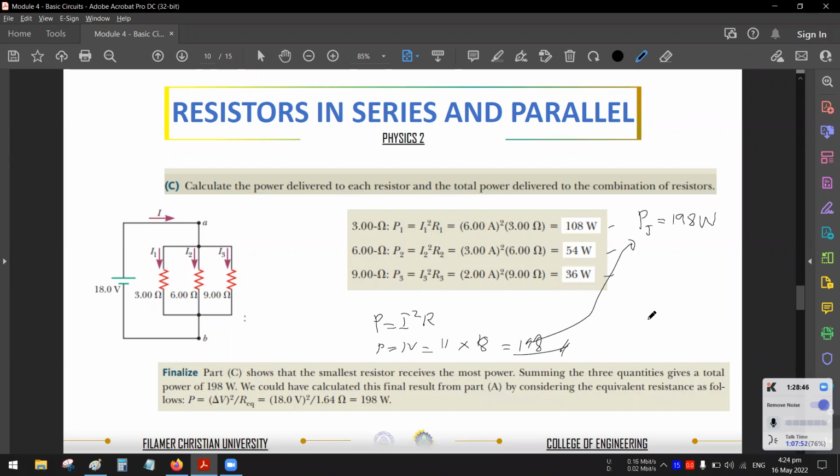Okay? Yan yung mga formula na pwede nyo gamitin to check your answers. Ito yung total current and then ito yung total voltage niya. So, therefore, ito yung total power niya, pag sinum up mo yung each power across the resistor. Okay? So, walang nasasayang, lahat na conserve.